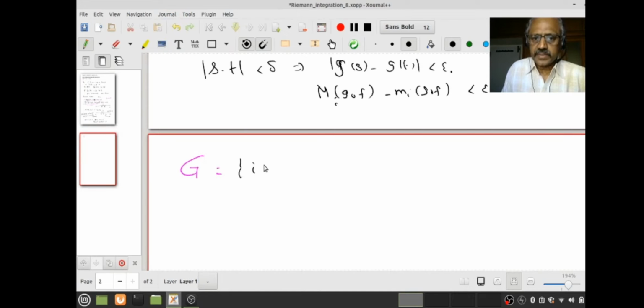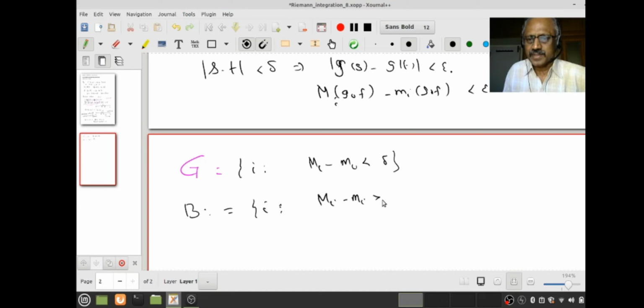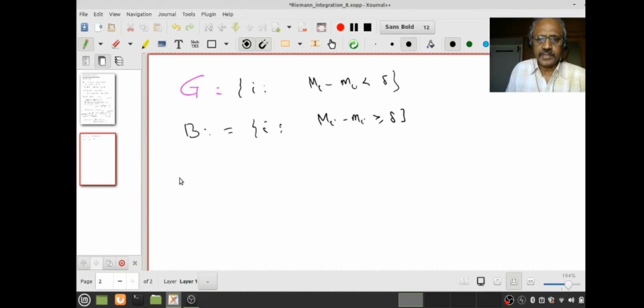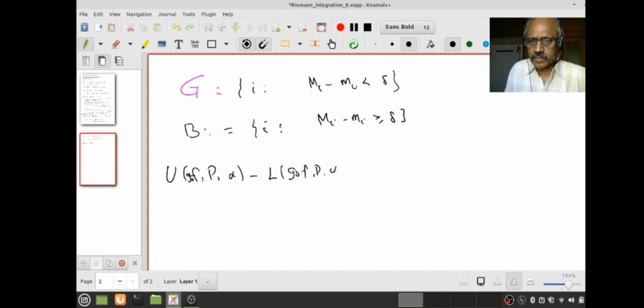So let G equal the set of all I so that Mi minus small mi is less than delta, and B, G for good, B for bad, the set where Mi minus small mi is greater than or equal to delta. You understand? Therefore, this sum I am breaking into two things. U of G composite, I will write, in a hurry I may write some such thing, but I hope you will understand what I mean.